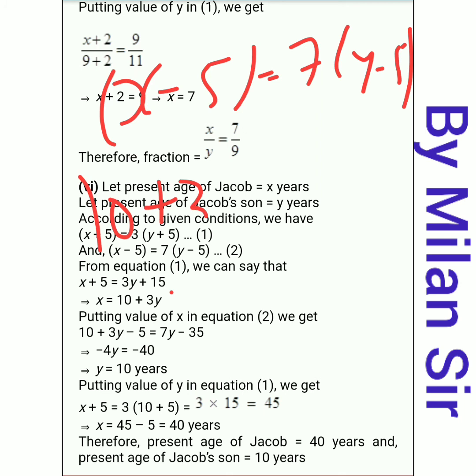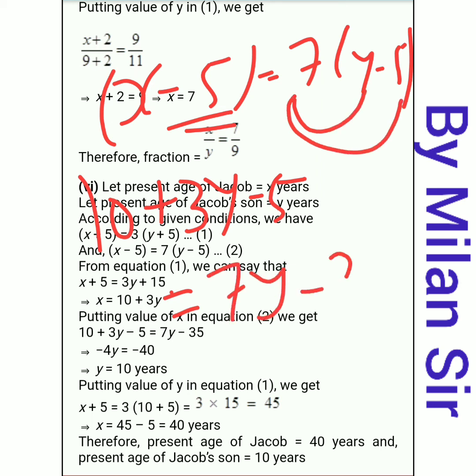So in place of x, 10 plus 3y, then minus 5 as it is, equal to, now I multiply 7 with this bracket, so 7y minus 7 into 5, it is 35. Here I put the value of x from equation 1, it is 10 plus 3y, then my minus 5 as it is. On the right hand side I just multiply 7 with this bracket y minus 5.